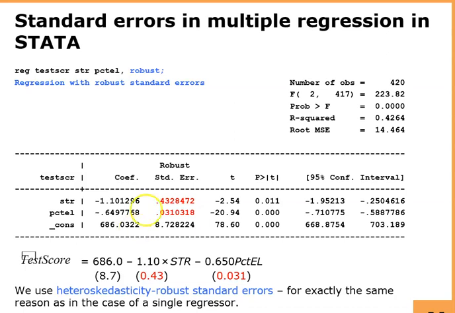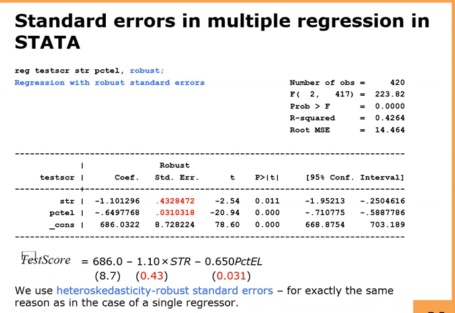When we get this kind of result, we can also summarize it by writing down the equation, the coefficients along with the equation, and under the coefficients, the standard errors obtained for those coefficients. And as always, we will use the heteroskedasticity robust standard errors for exactly the same reason as in the case of a single regressor.